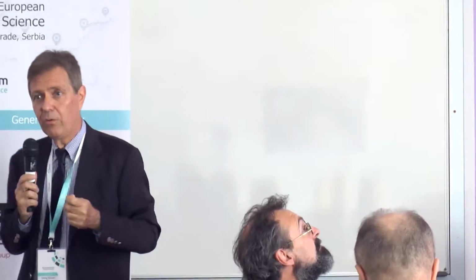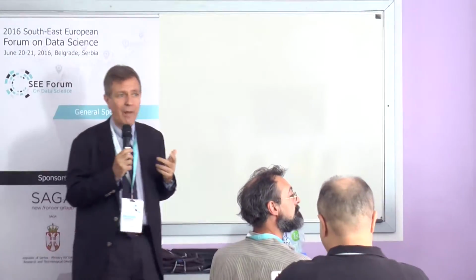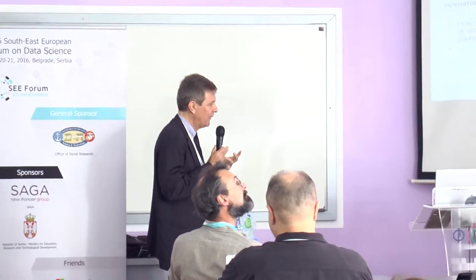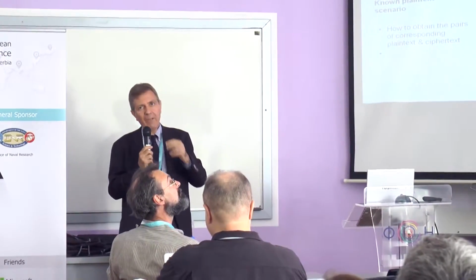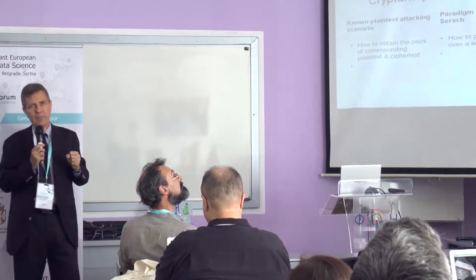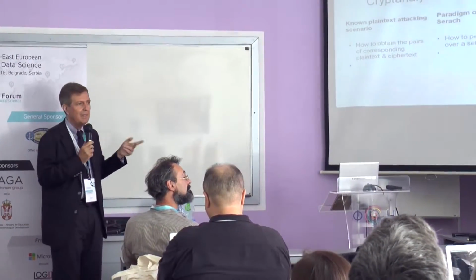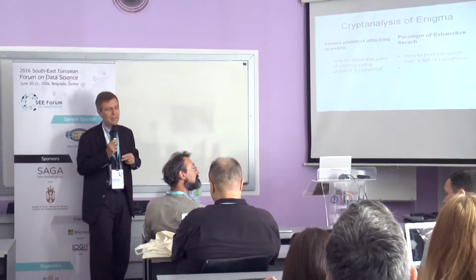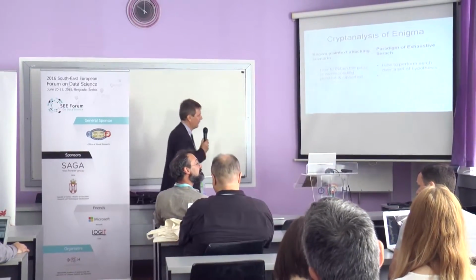And that problem was considered, after all, as two issues. First of all, even before the Second World War, Polish mathematicians found a way to approach the problem of breaking Enigma in a mathematical way. They needed pairs of so-called plaintext and ciphertext.